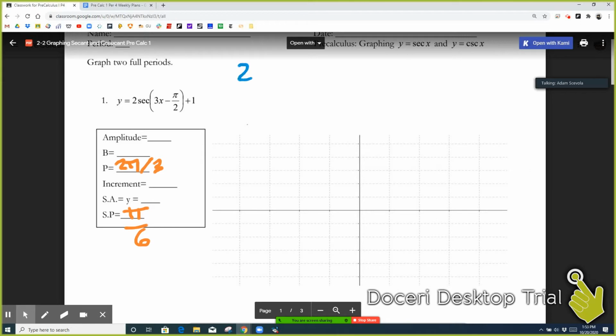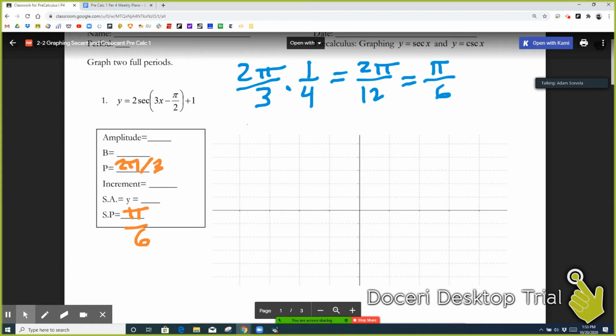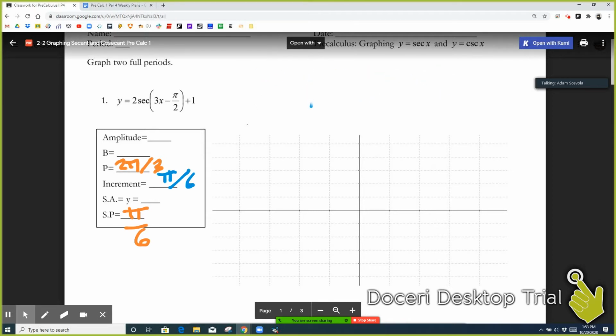If we take 2 pi over 3 and divide it by 4, that's the same thing as multiplying by 1/4. That comes out to be 2 pi over 12, which reduces to pi over 6. So that's our increment, and that's the same thing as our starting point. That's nice and friendly. If they were different or had different denominators, I would suggest that you get a common denominator. We'll go over an example like that later.